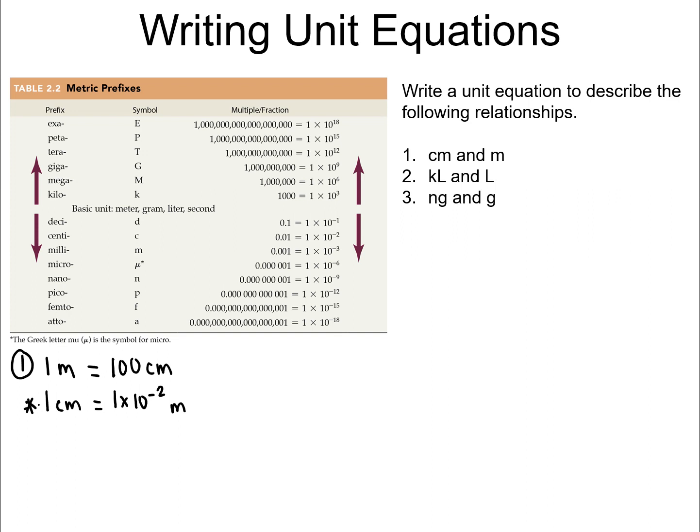This one you can get directly from the table. This one up here, you have to flip the sign for the scientific notation. Because remember, 100 is 1 times 10 to the 2. It's the same thing.